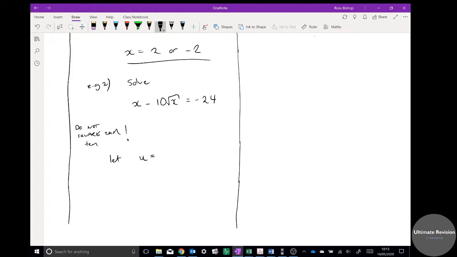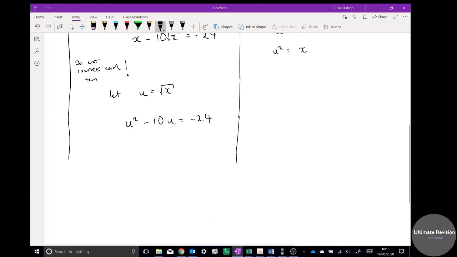What would work, you'll find, is if I let u equal root x. If you're doing any side working, just put a bit of a title on it. u squared is going to equal x if you square both sides, which is really nice because the equation becomes u squared minus 10u equals negative 24.